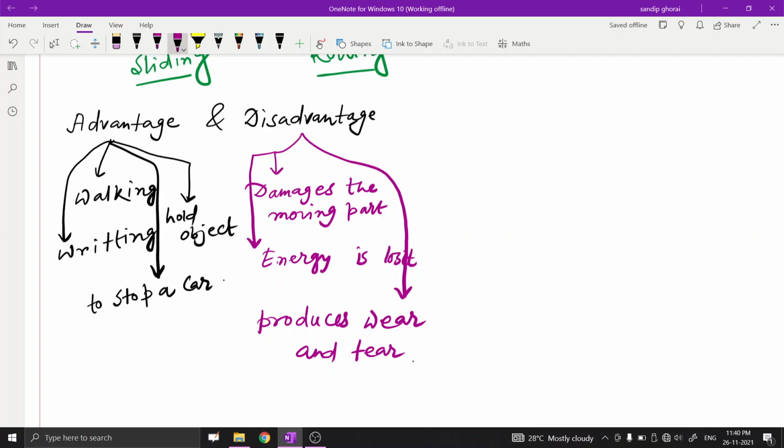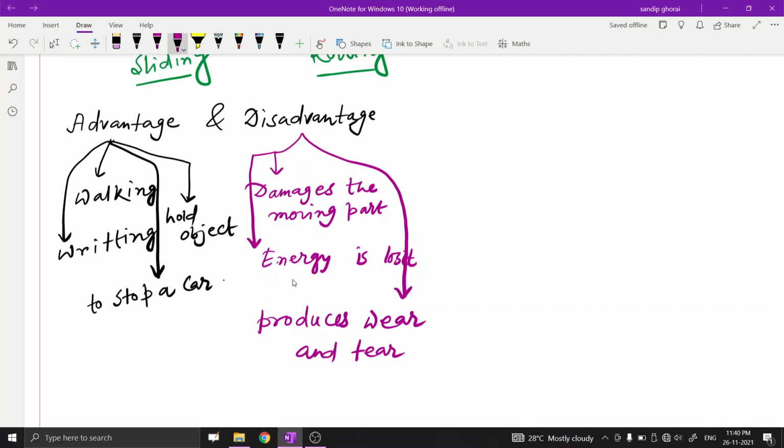And now we have to reduce friction. There are several procedures to reduce friction. First, we can say oiling, lubricating, polishing, streamlining, and providing wheels or ball bearings. In this way we reduce friction. Friction is very helpful also, but if friction is more, then we face some disadvantages.